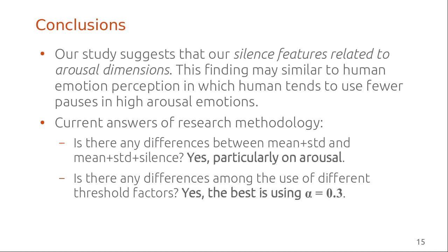First, there is different performance with the use of acoustic features with and without silence. Our silence feature improved the performance of dimensional speech emotion recognition, particularly on arousal. And second, there is a difference in the use of different threshold factors for silence feature calculation. And in this experiment, the best was obtained by using a threshold of 0.3.